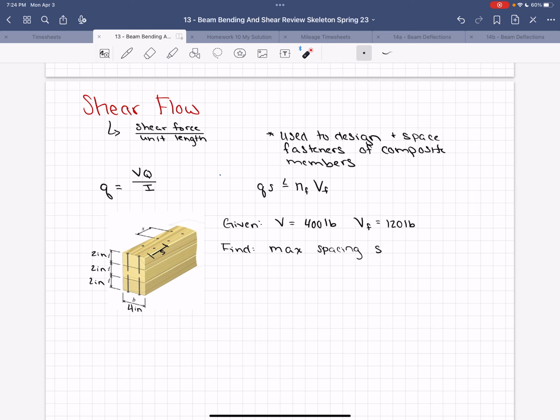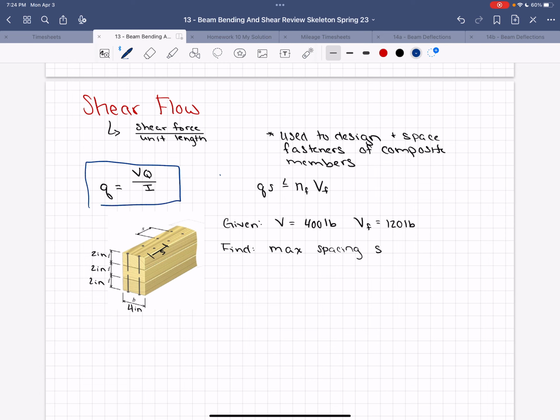So the first thing we get to solve is what shear flow is, little q. So we're going to start here.